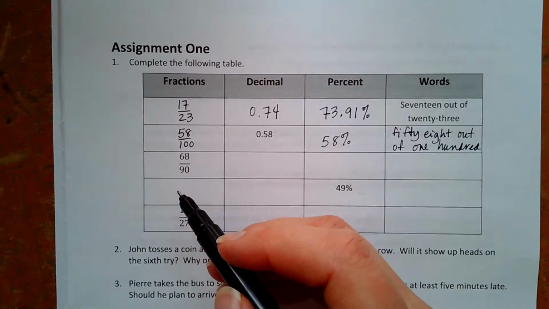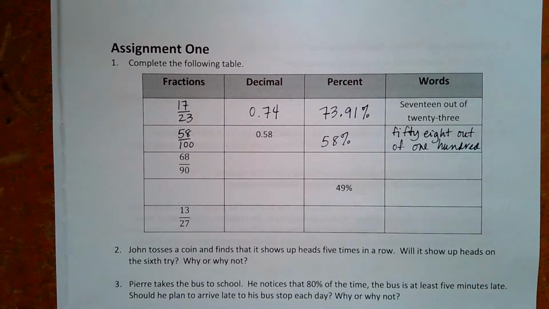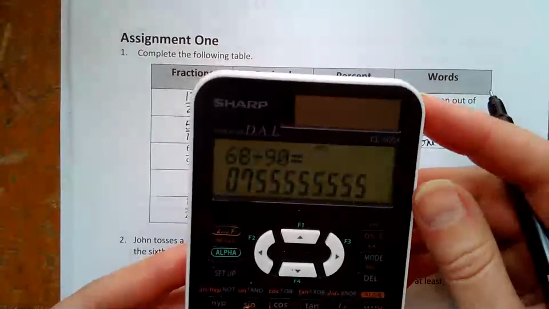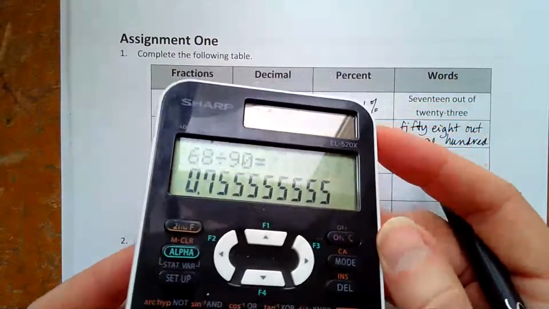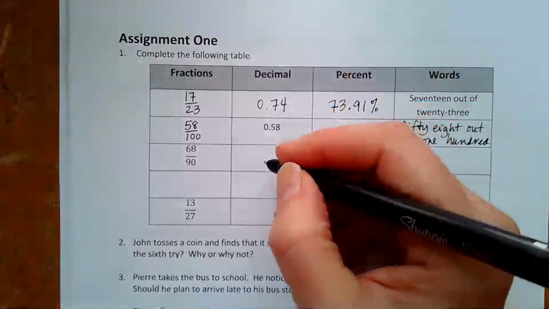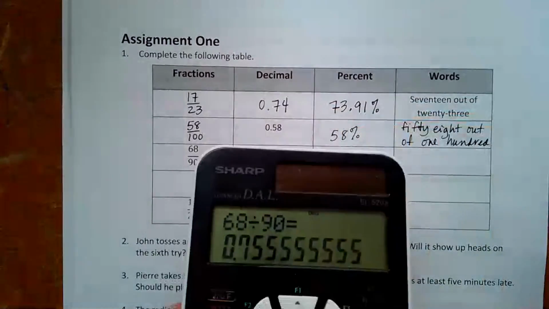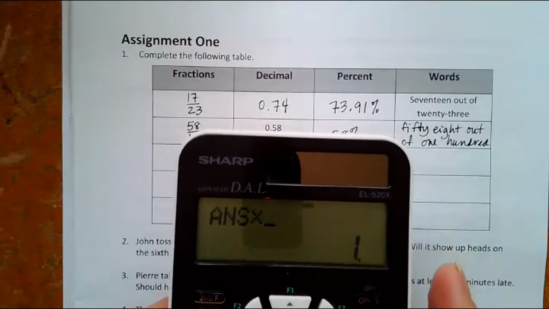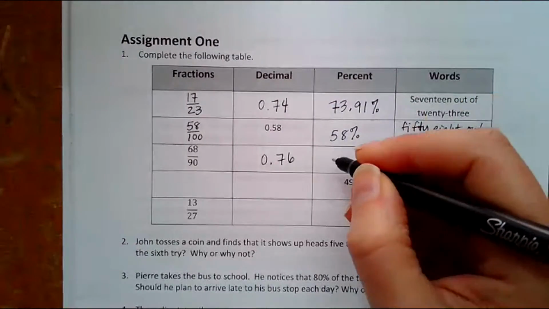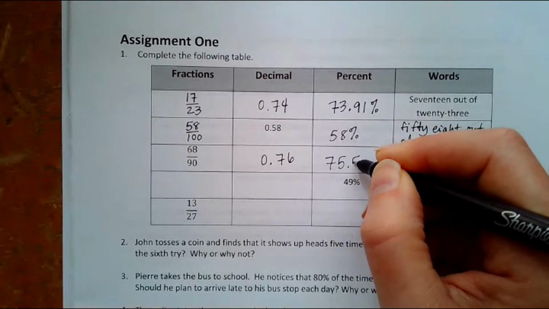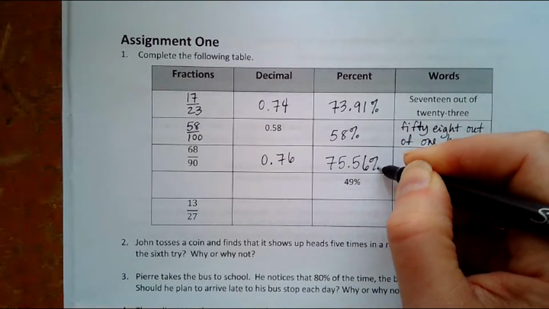Okay, 68 out of 90. My calculator tells me, now once again, it's this repeating decimal, so I have to keep the whole decimal number in my calculator. I'm going to record the proper 2 decimal answer, but I keep it all in my calculator, and then I multiply by 100 to give me 75.56%.